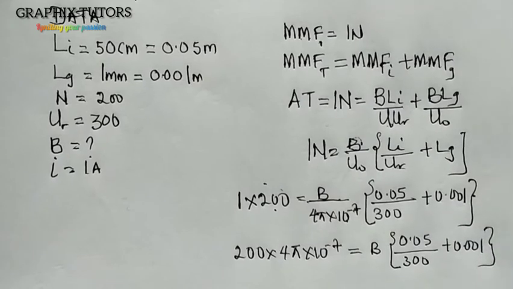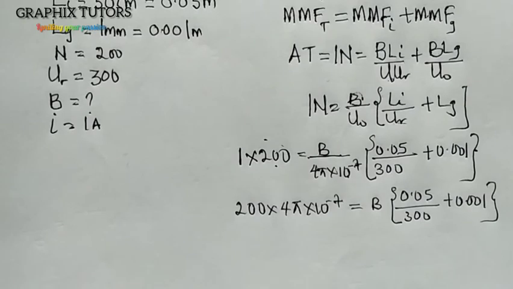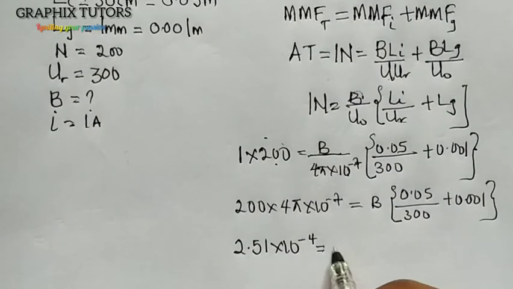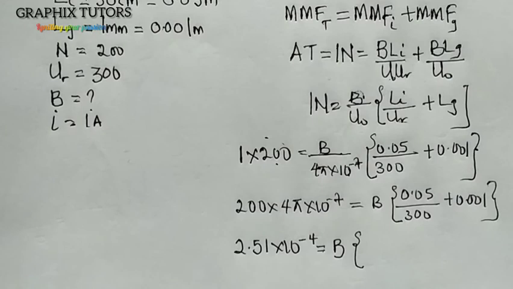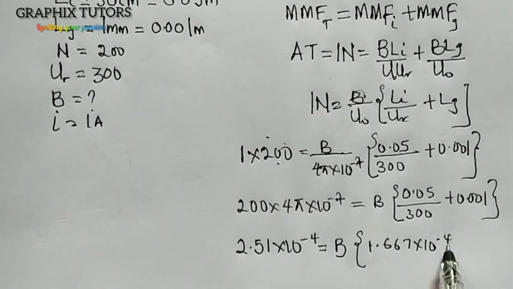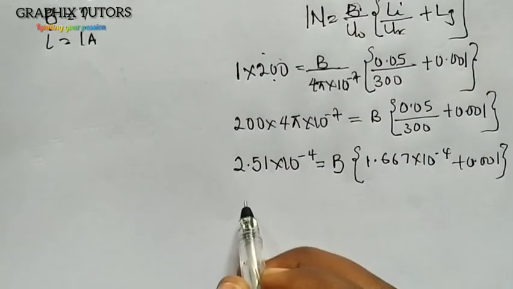Now if I multiply 200 times this, this will give us 2.51 times 10 raised to the power minus 4 equals B into brackets. 0.05 divided by 300 will give me 1.667 times 10 raised to the power minus 4, plus 0.001, and that will give me 1.167 times 10 raised to the power minus 3.